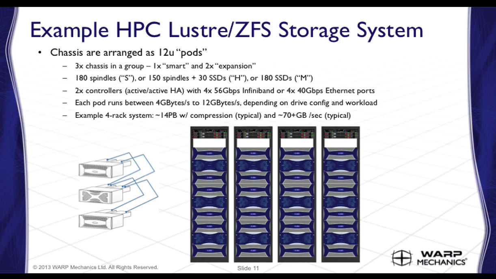And in typical cases, it would be over 70 gigabytes per second. Now, that's the most aggressive scenario we can come up with. We can get 3 times or so the performance of that if we put in more controllers and more SSDs. We can also get higher density. For instance, if we use 6 terabyte drives, or we also have a higher density JBOD shelf we can hook up to this.